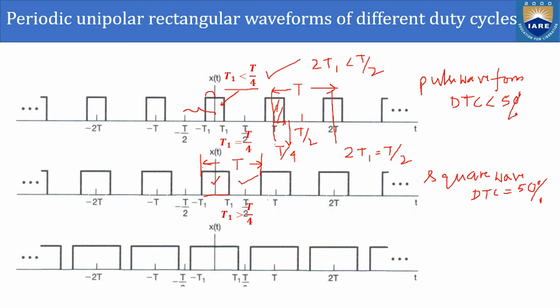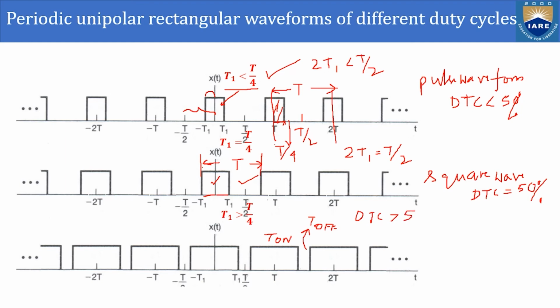In the same way, if I increase the on period further, this is T on and this is T off. So T off is less than T on. So naturally the on period is more here, so naturally the duty cycle DTC here is greater than 50%.